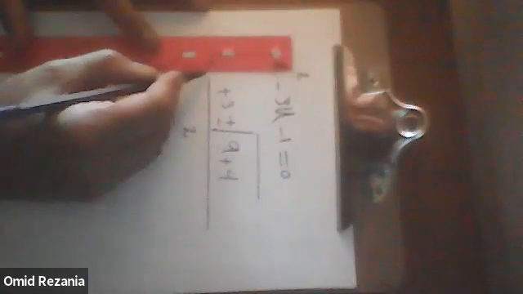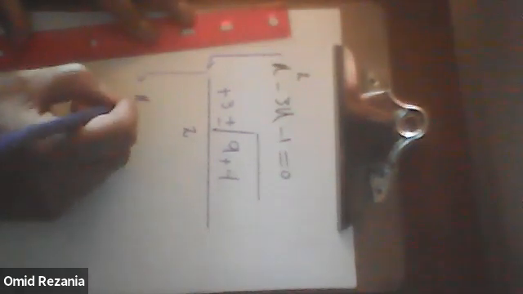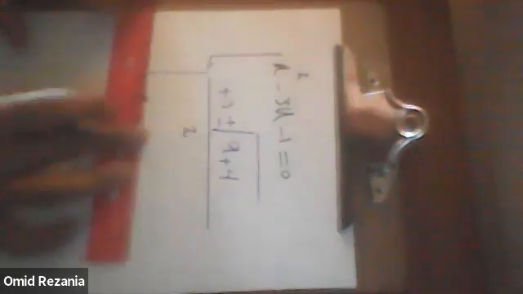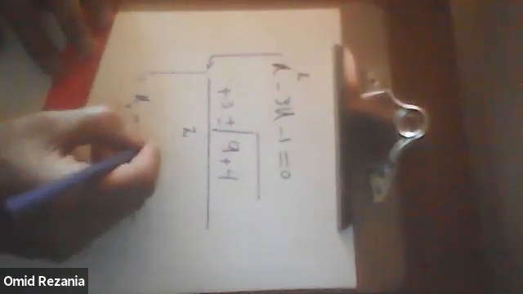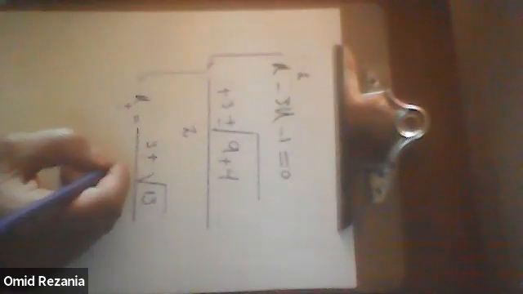Which is essentially u plus or minus equals 3 plus or minus the square root of 13, divided by 2.